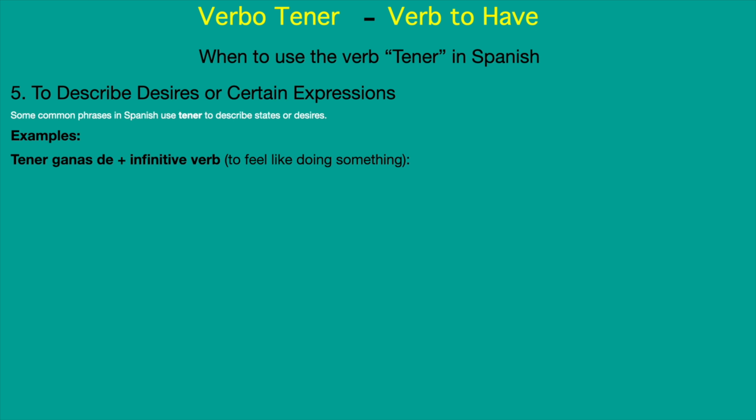So, tener ganas de. Here we have one example: tengo ganas de comer pizza. So I feel like eating pizza. It's a desire, something that you want, that you are feeling.